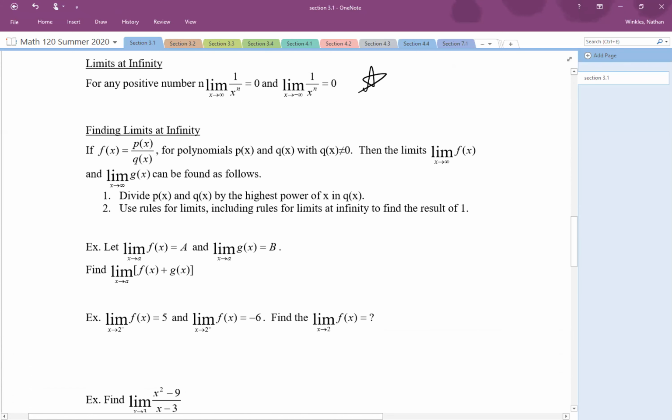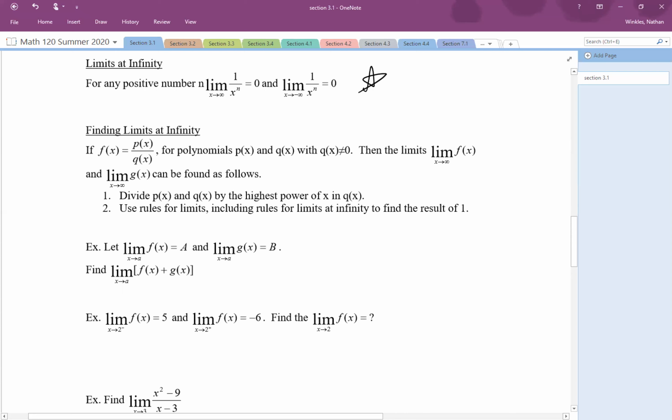So to find our limits at infinity: if f of x is equal to a rational function, p of x divided by q of x, for polynomials p of x and q of x with q of x not equal to 0, then the limit as x approaches infinity of f of x can be found in the following ways.